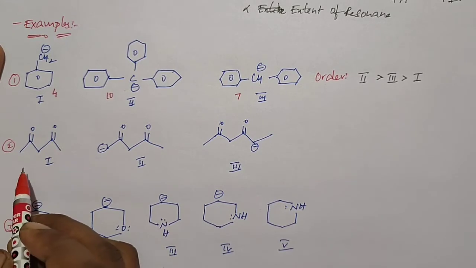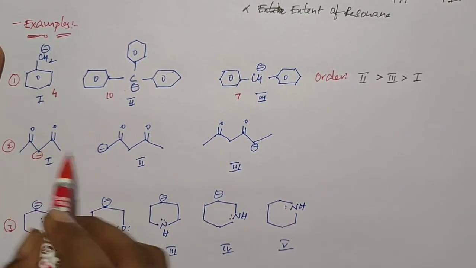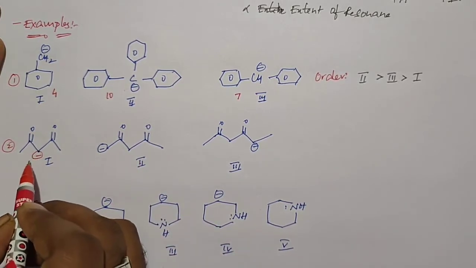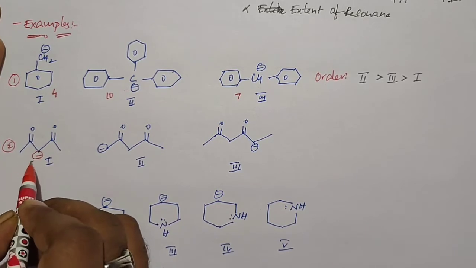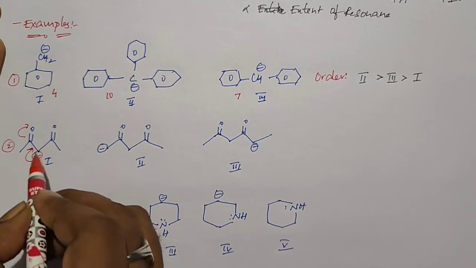In this second example, we have 3 types of compounds. Here the negative charge shows conjugation with the carbon. In that situation, the pi electrons shift towards the oxygen.